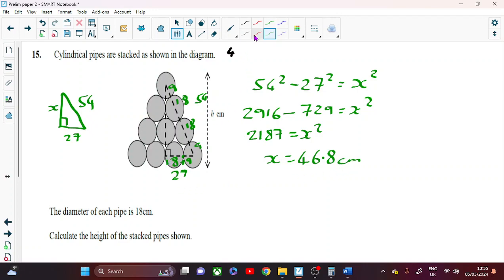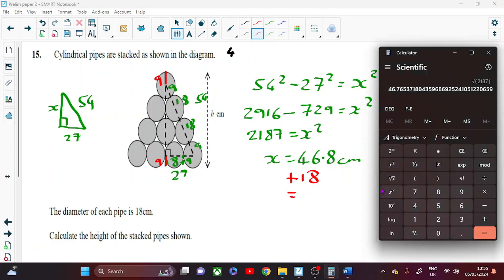And then I need to add in that height of 9 and that height of 9. So I need to add 18 and I get my final answer: 64.8.